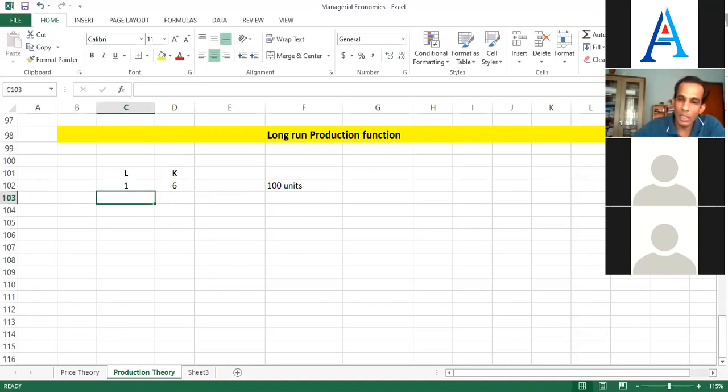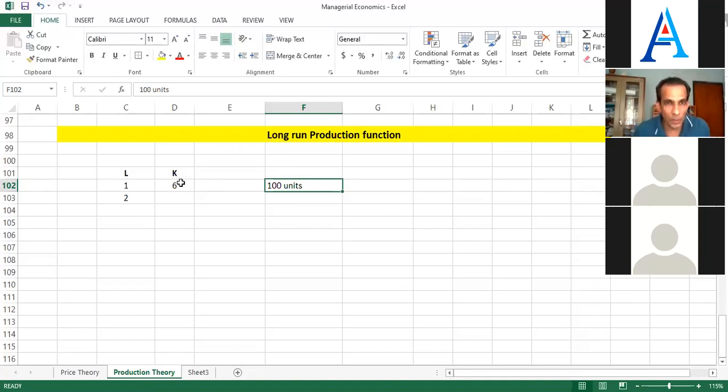For example, suppose the firm decides to increase labor, but they want to produce only 100 units. Now what will be the capital requirement? The same level of capital or a different level? Different level. Different means more or less? Less. They need less, because if they increase one input, they can decrease the other input.